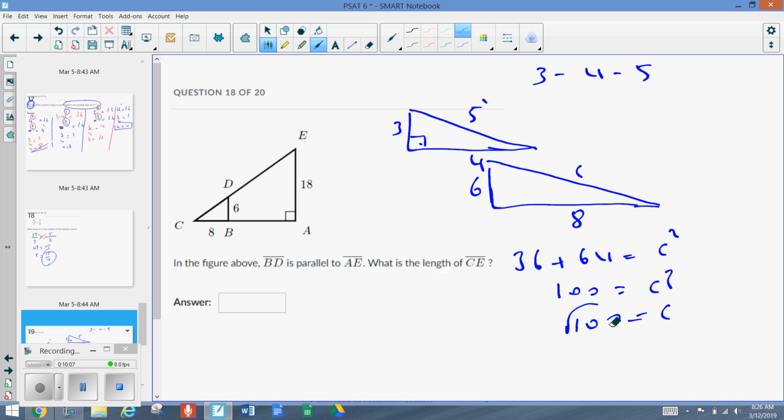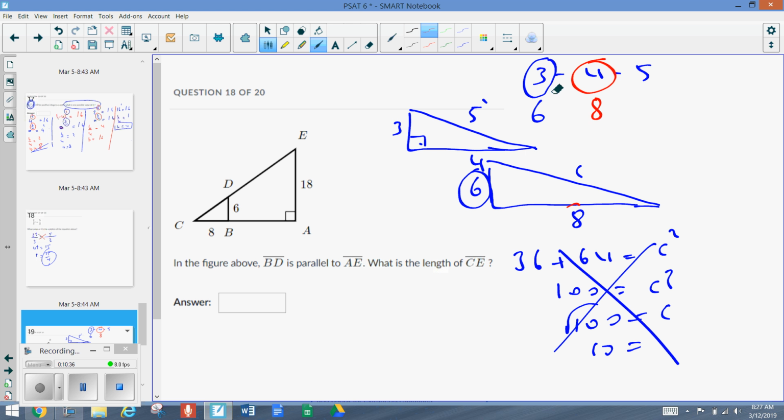Rather than this, you notice here 6 is a multiple of 3. 6 is 3 times 2, right? And 8 is also 4 times 2. 3 times 2, 4 times 2, what is it? Guess what? 5 times 2.